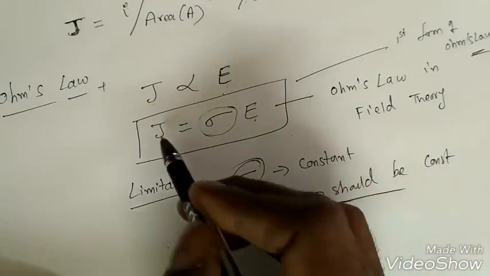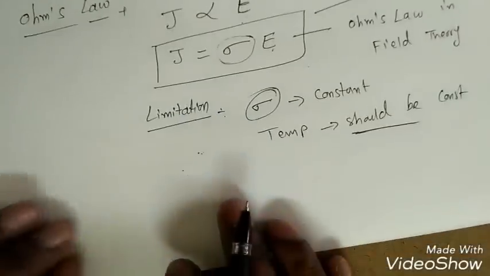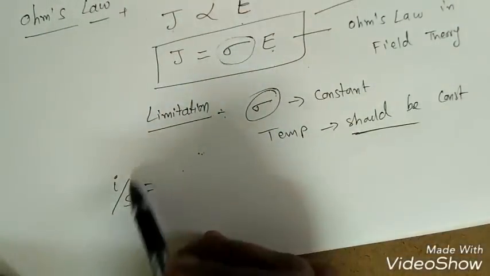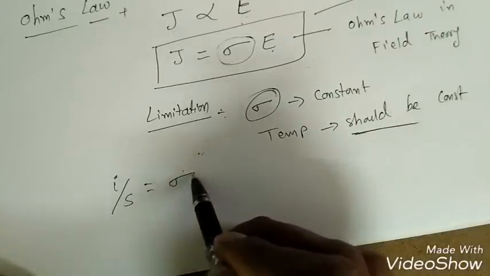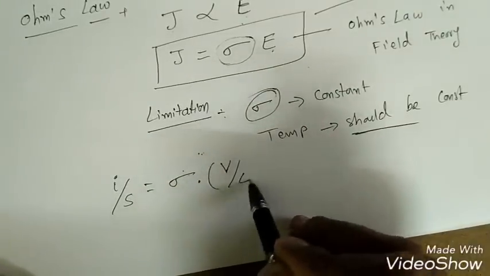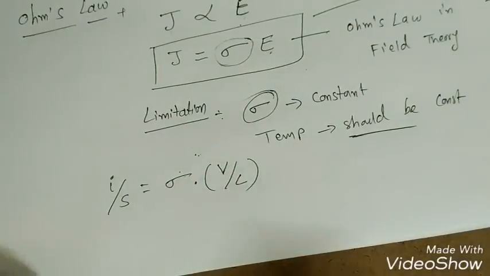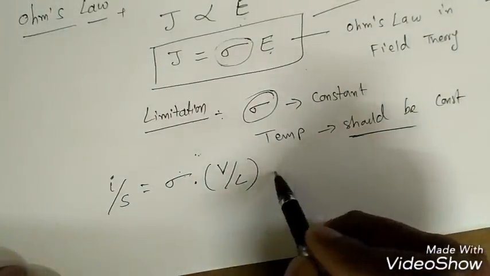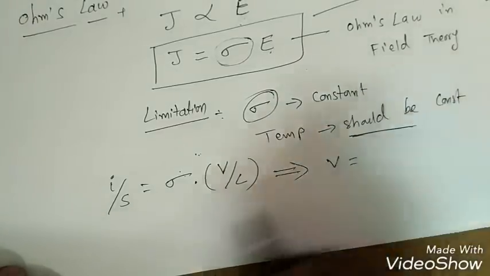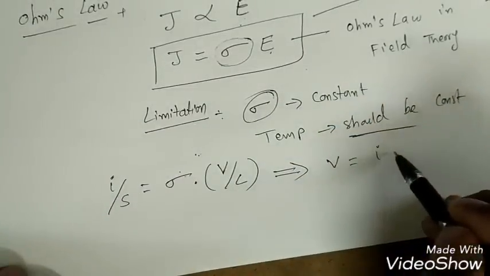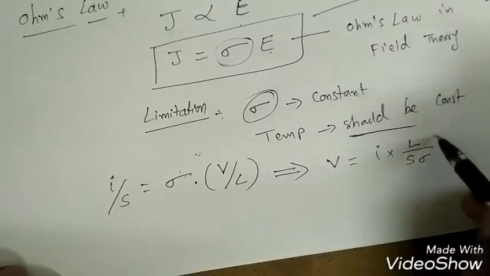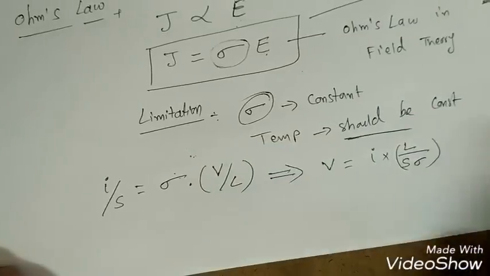Now we will derive some expressions. So I by S is the current density, and sigma is conductivity, and what is E in terms of volts? Volt per unit length, that is V by L. Now if I find V, V is equal to I into L by S into sigma, right?